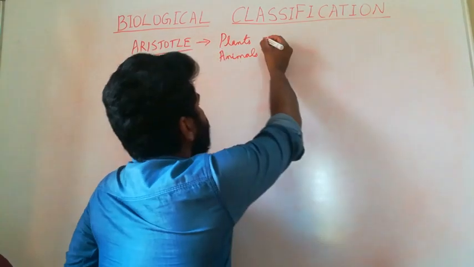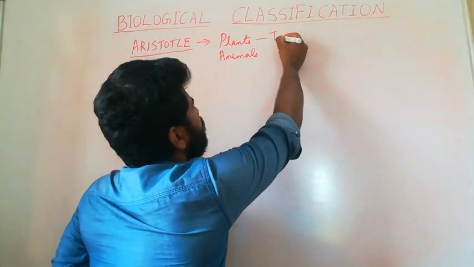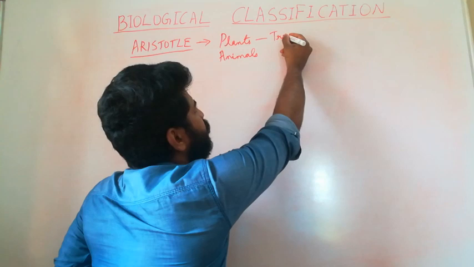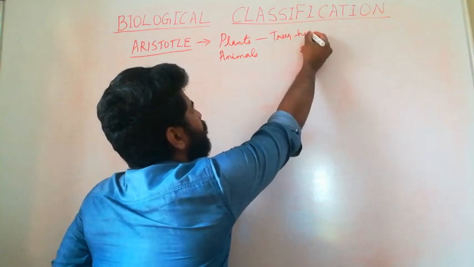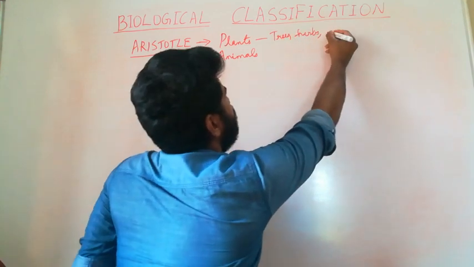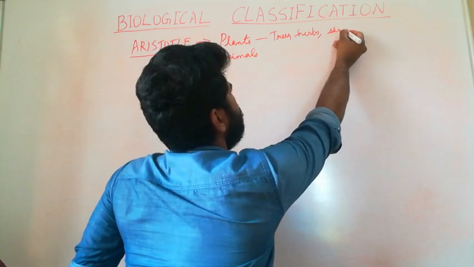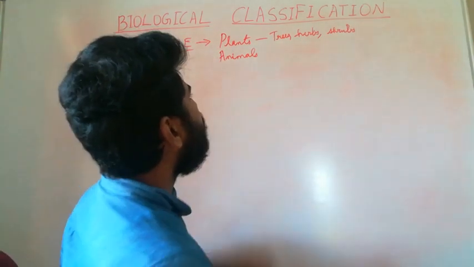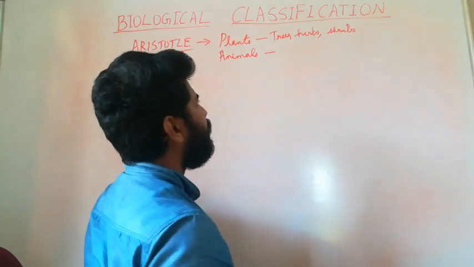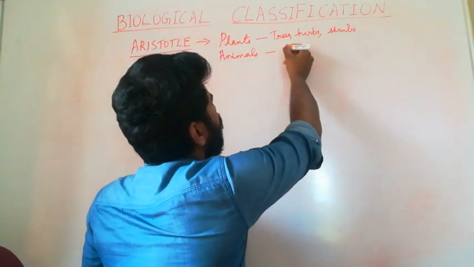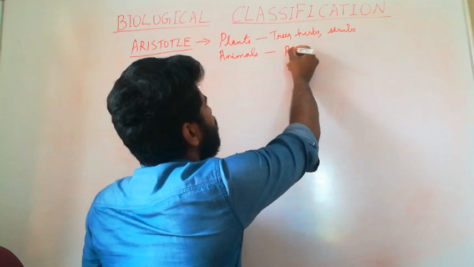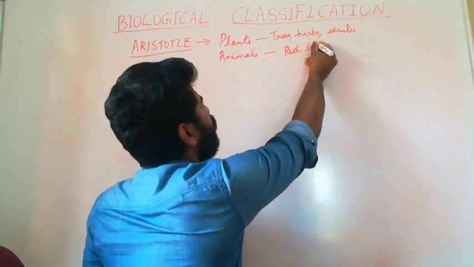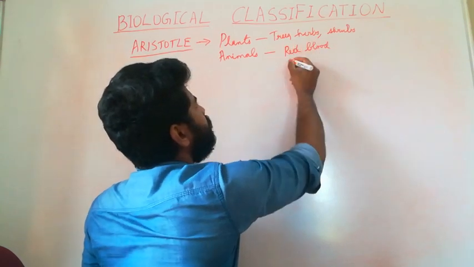Based on their morphological features, plants were further classified into trees, herbs, and shrubs. That is very simple. And animals were classified based on whether they have red blood or white blood.